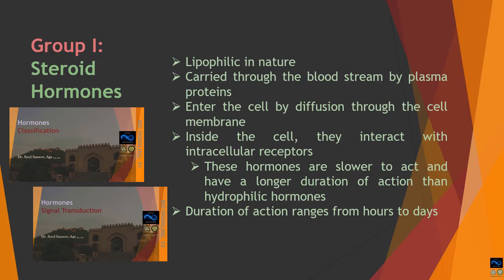Inside the cell, they bind to specific steroid hormone receptors, which act in a very slow manner, but the duration of action ranges from hours to days. For more information, you can visit lectures 1 and 2 of this series, on classification and signal transduction.